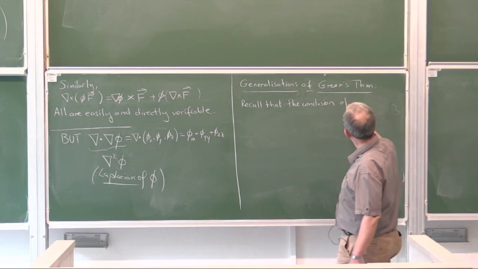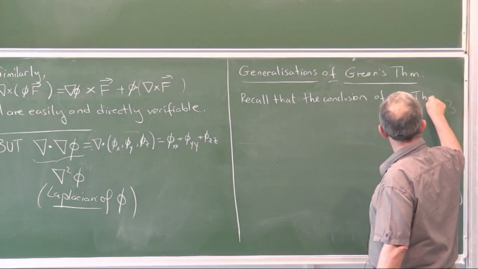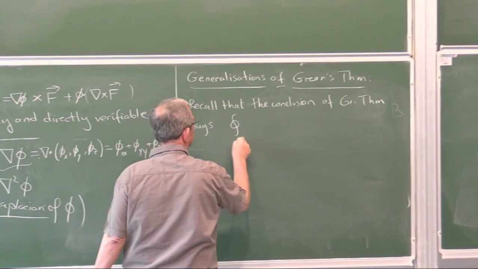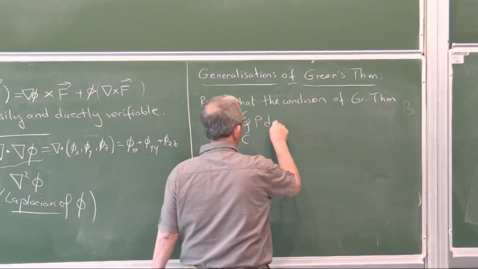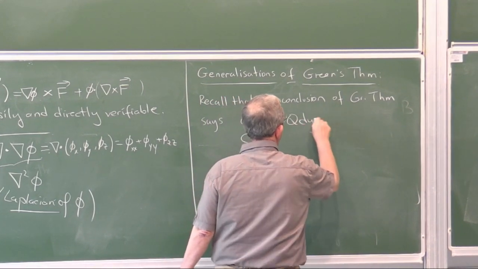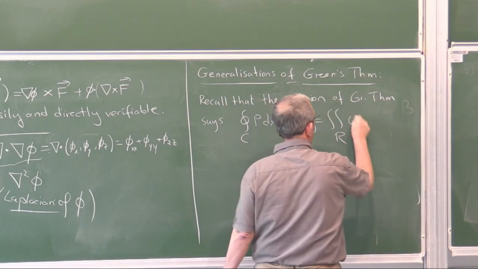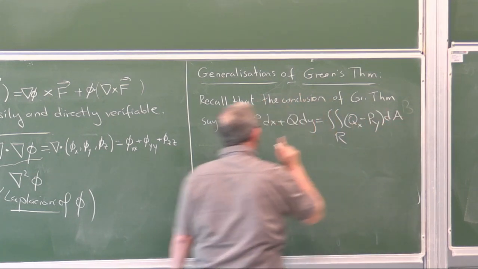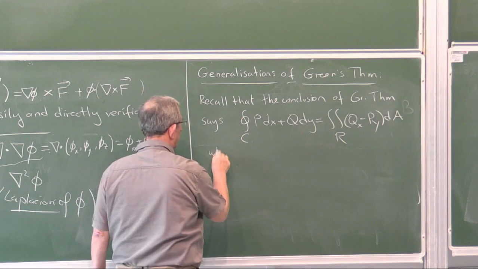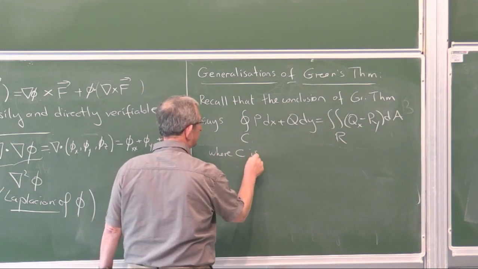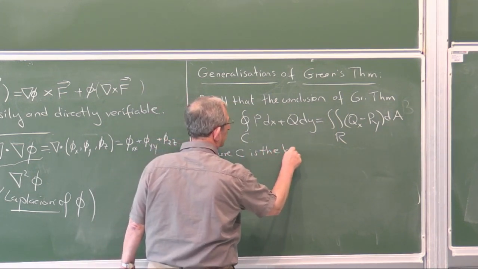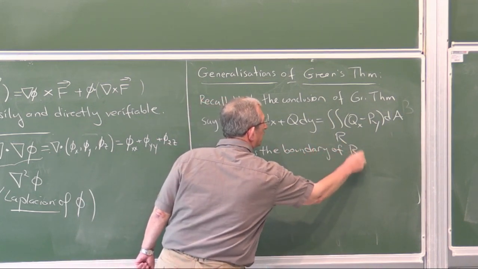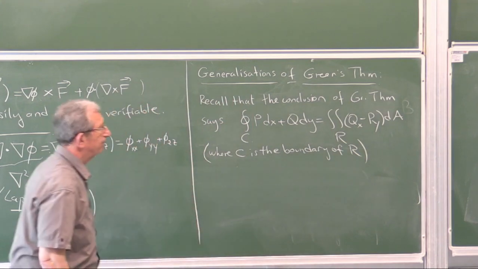The conclusion of Green's theorem says, okay, we wrote this a million times, the integral over C of p dx plus q dy is the double integral of q sub x minus p sub y dA, where, okay, C is the boundary of R. This is important.